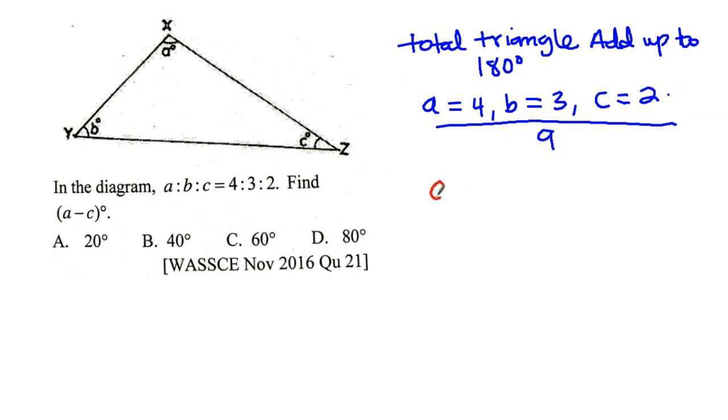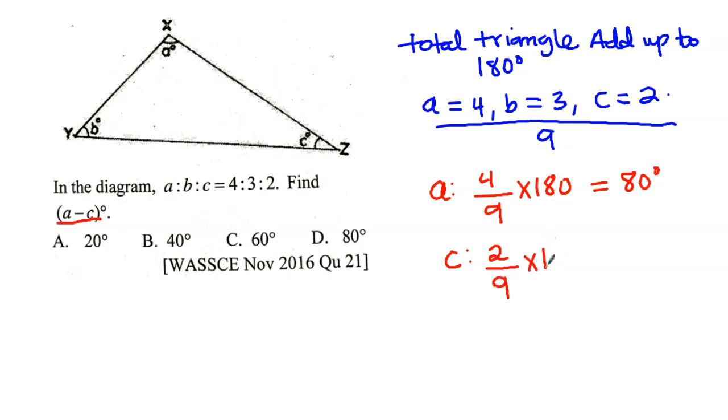So for me to get my A share, it is just 4 over 9 times 180. And when you do the math, you get 80. And then, because our concentration has to be here, when we look at C, the proportion of C is also just its proportion over the total times 180, and that will give us 40.